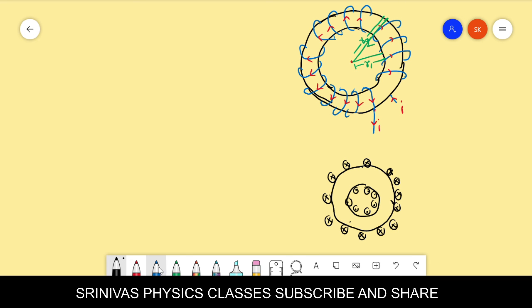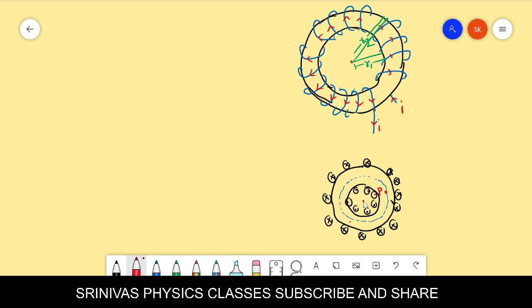Now I want to find out the magnetic field on the axis of the toroid. Right here I want to find out. Then at this point I will take P. At point P I want to find out the magnetic field.